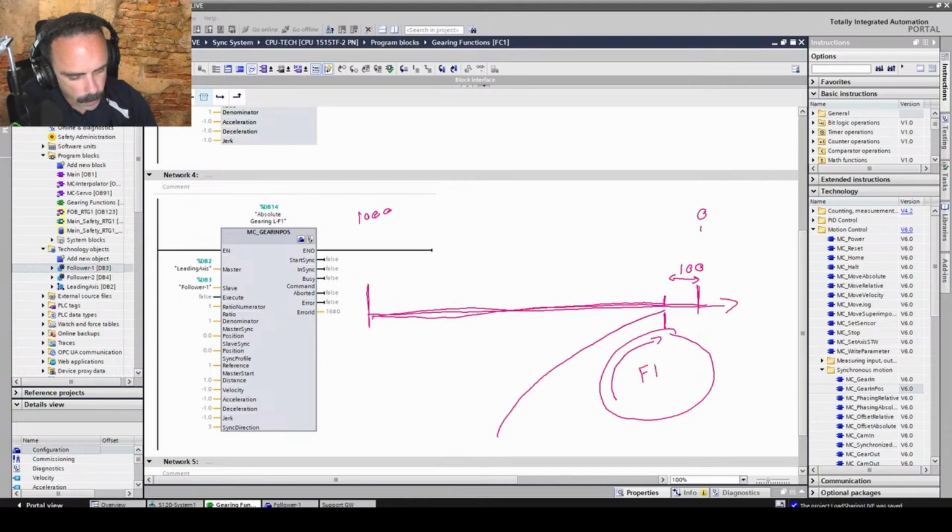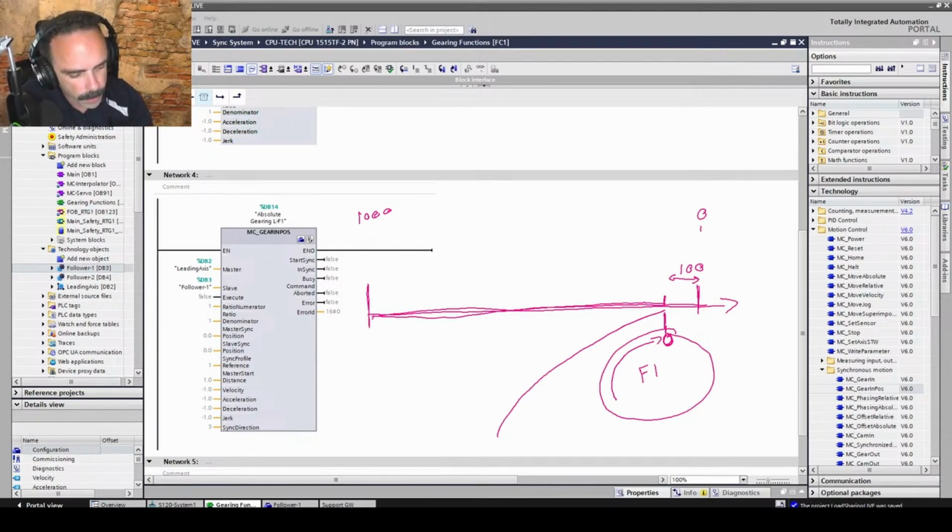This is F1, and depending on how you home it, we could call this 0 on your following axis. So maybe you've homed this to 0 where your new laminating sheet is.